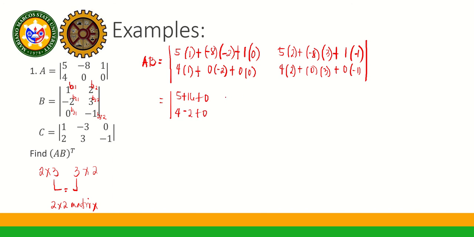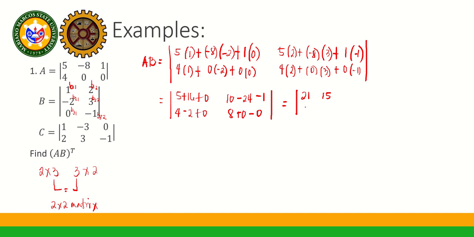And for the second column, we have 10 minus 24 minus 1. And then 8 minus 0, or plus 0, I should say. And then minus 0. So simplifying this one, we will have 21. And then 10 minus 24 minus 1, that is 15. Okay.